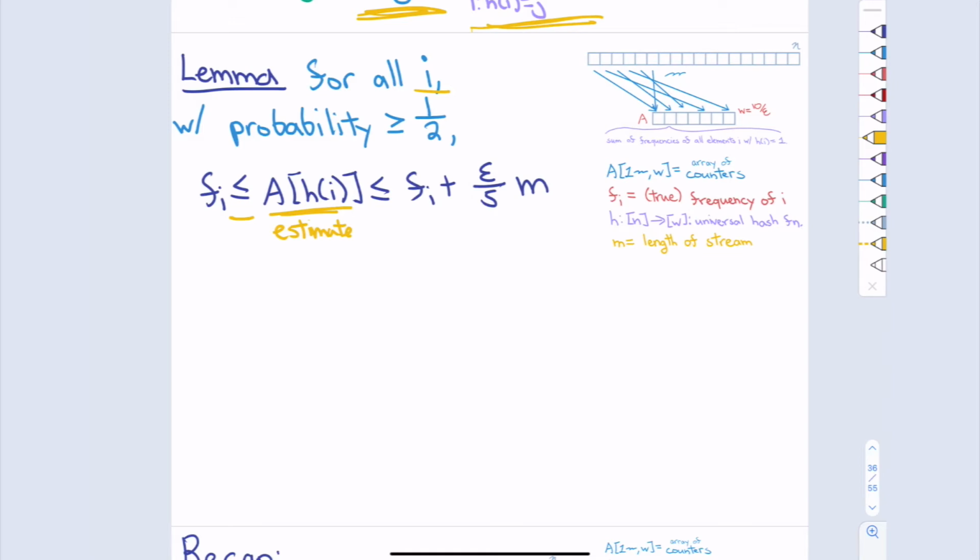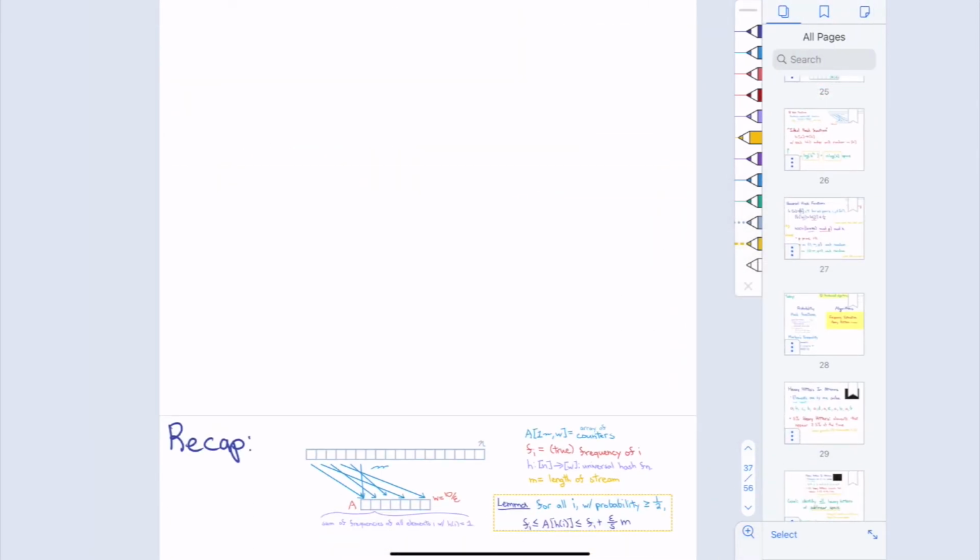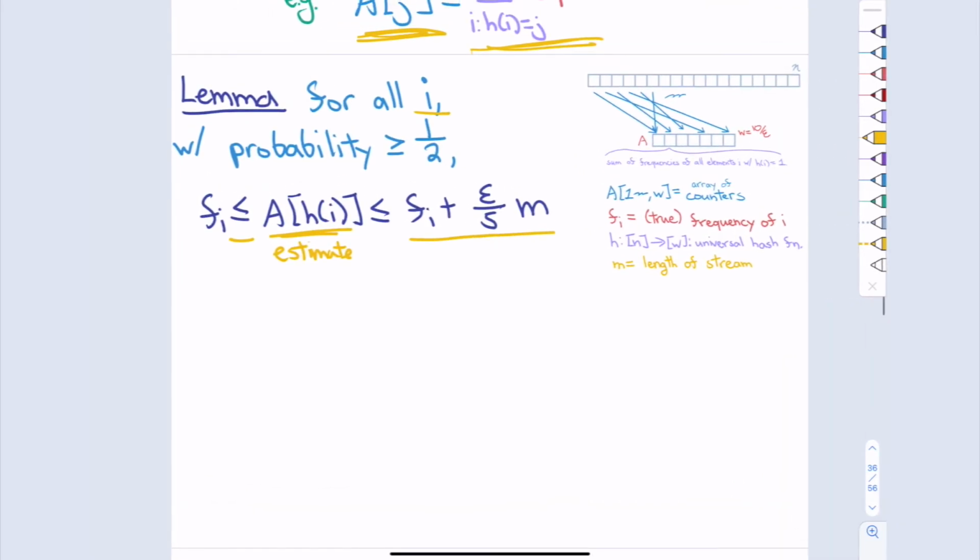But the claim is that with probability at least 1/2, the error is at most epsilon m over 5. Let me give myself some space. So the claim is that my overcounting is at most epsilon m over 5, which is within our tolerance of error, with probability at least 1/2. So I have a 1 in 2 chance of getting a good estimate by our definition of good.